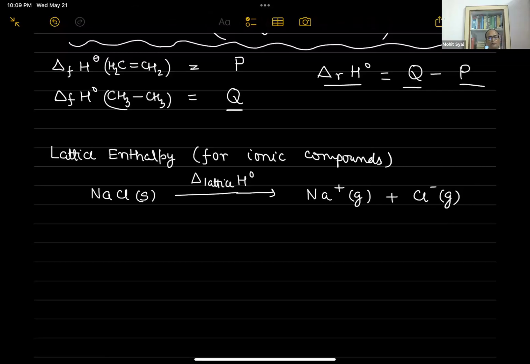It is the energy required to break 1 mole of ionic compound into its ions, completely into its ions.